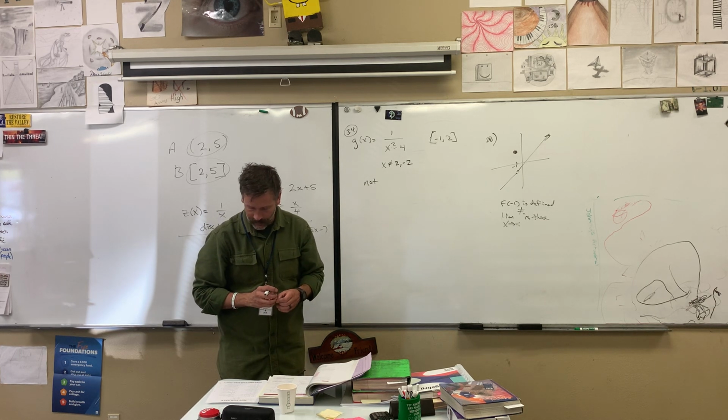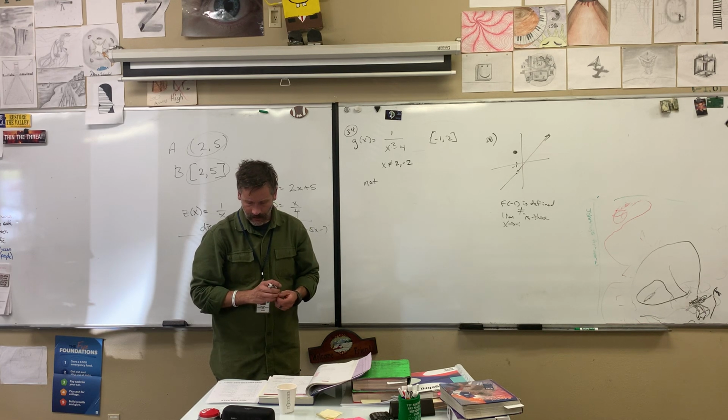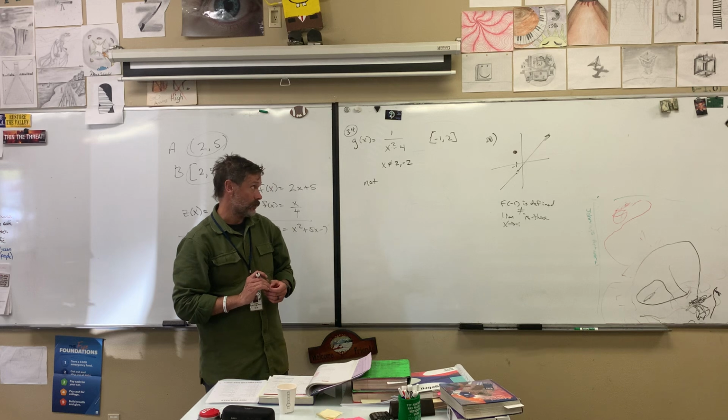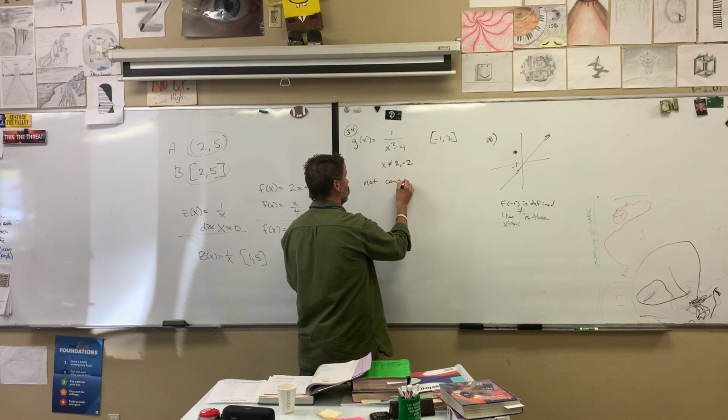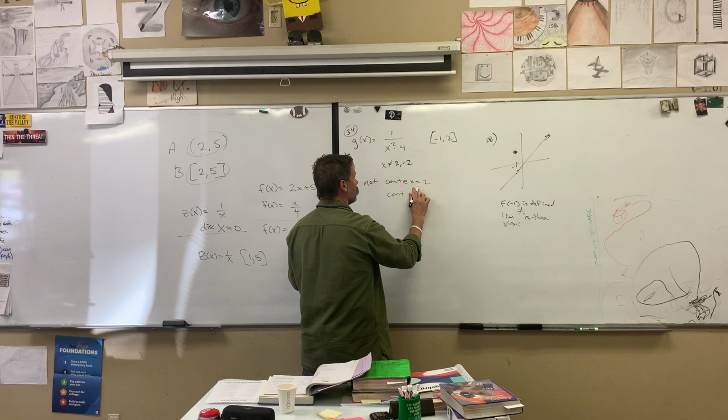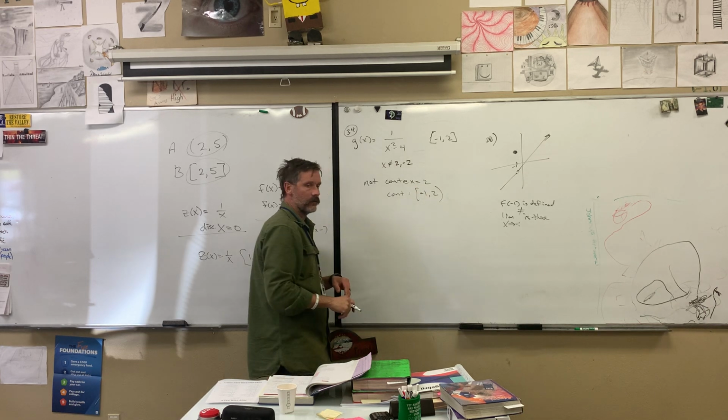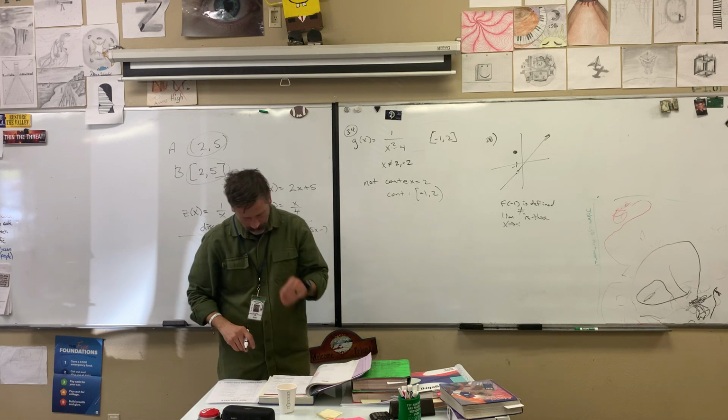It's continuous from -1 to 2, but not on the closure. So not continuous at x equals 2. You could say continuous for -1 to 2 with open parentheses, that works, but not the closed interval.